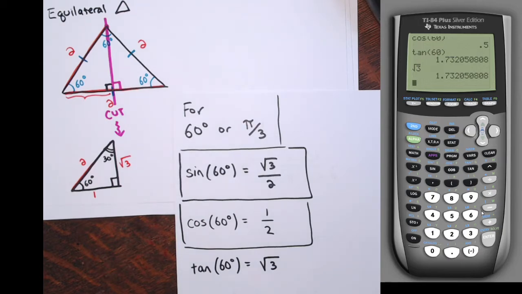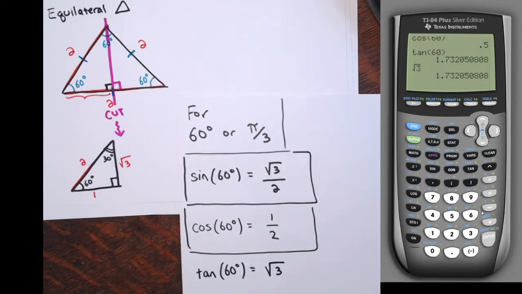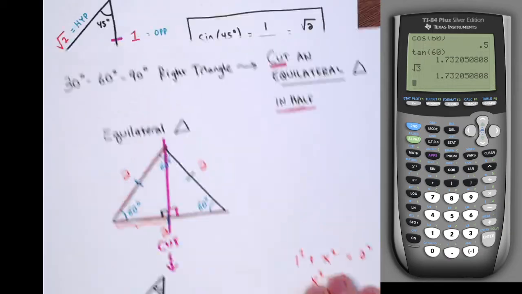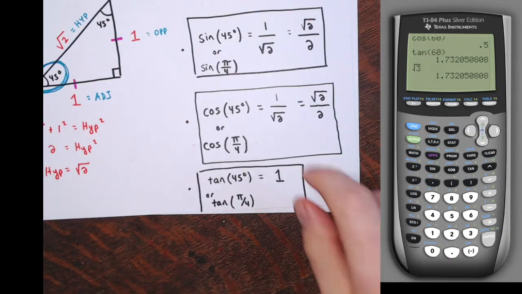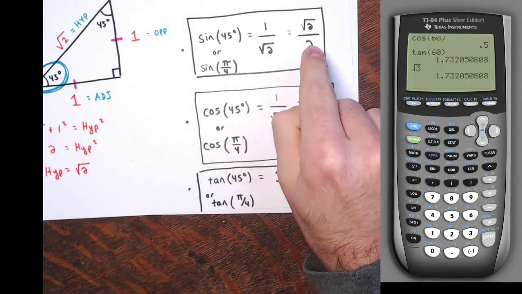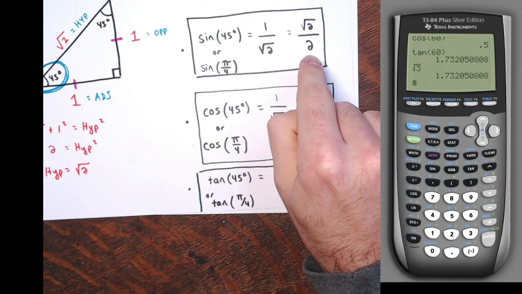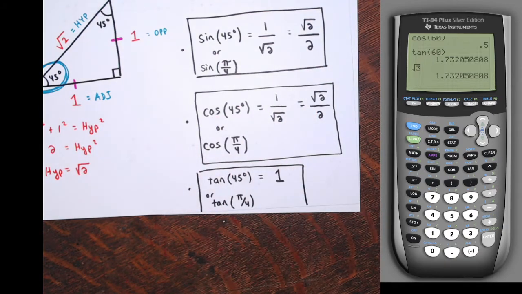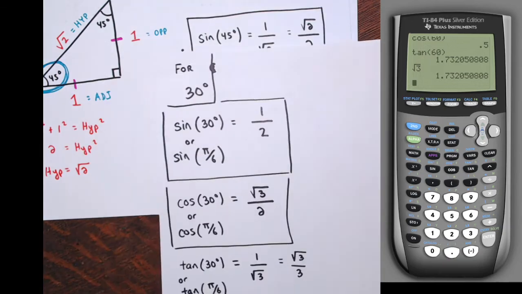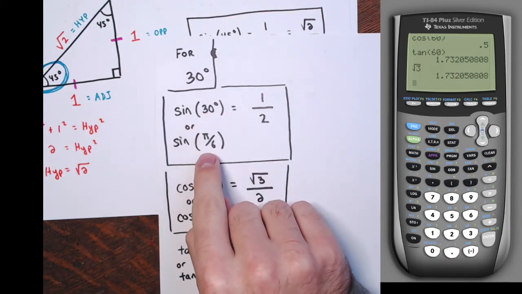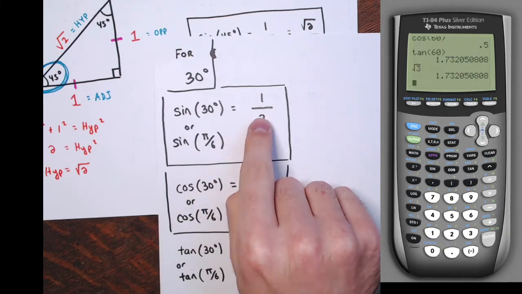All right. So again, to recap these values, please know these values. The sine of 45 degrees, or pi over 4 radians, is the square root of 2 divided by 2. And so is the cosine of that same angle. The sine of a 30-degree angle, or a pi over 6 radian angle, is a half.